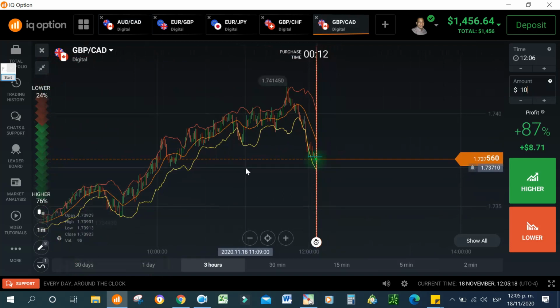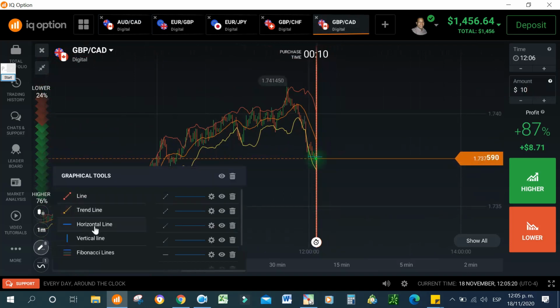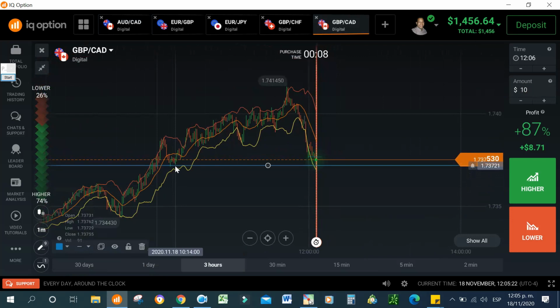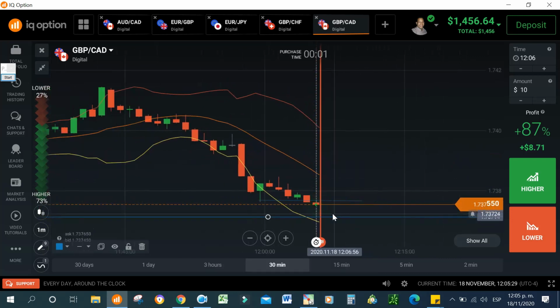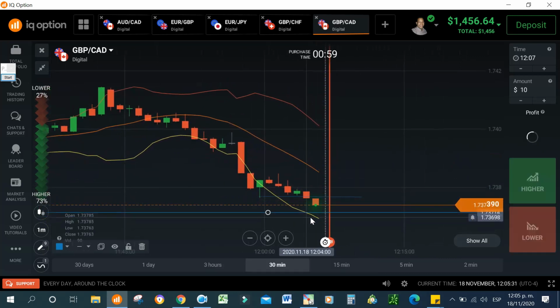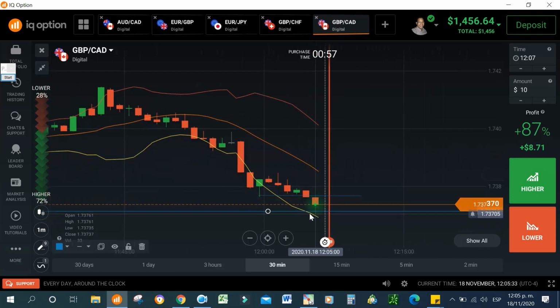Yes, I will wait until the market comes down to this level, which is the support level, and also we have the lower Bollinger band.